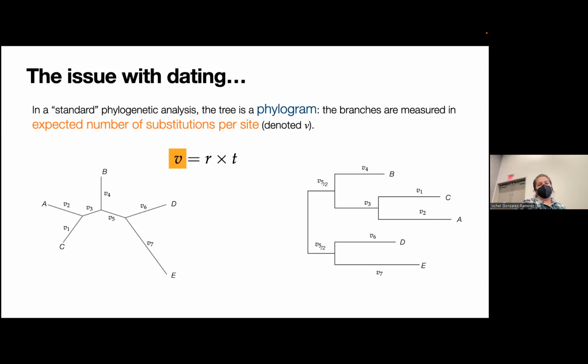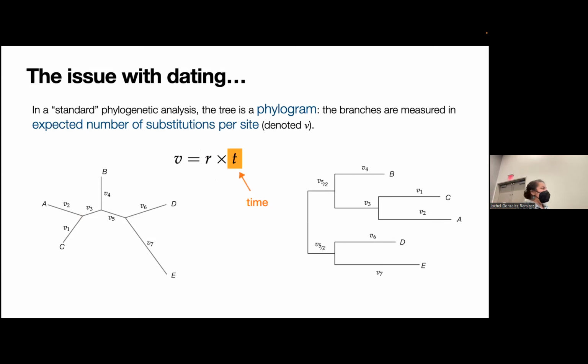Let's think about molecular data. So 5 substitutions in one branch, 10 in the other. But v is a function of 2 parameters. It's a function of the rate at which the characters change, how fast they change, but also how much time has passed.